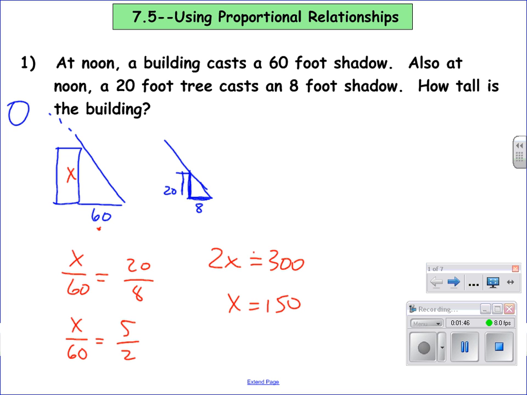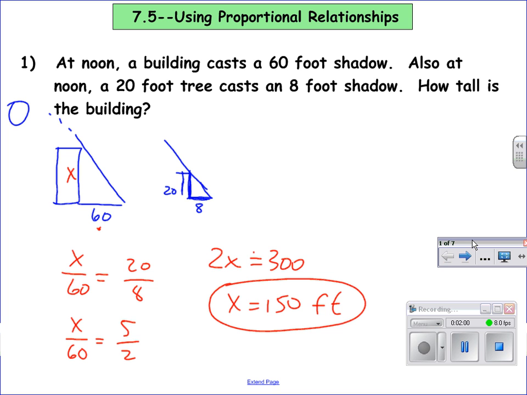So the height of the building must be 150, and our unit is feet. All the units are the same, so I don't have to worry about any mixing and matching, and I'm all set. Okay, and that's basically what we're doing today, using what we know about proportions to solve problems.